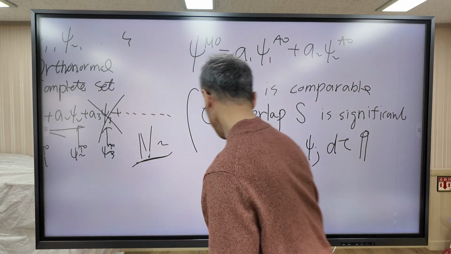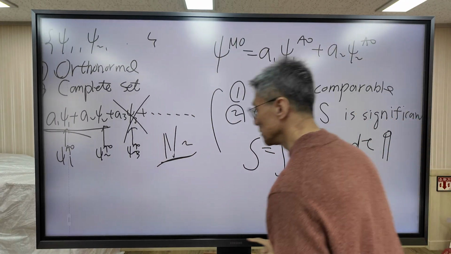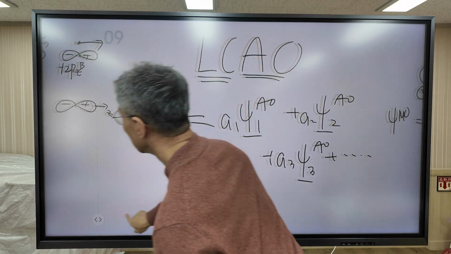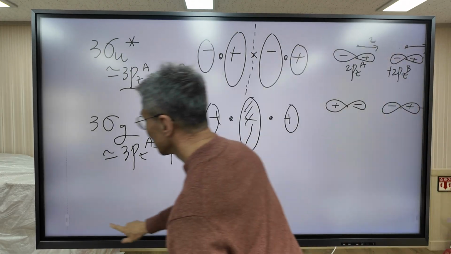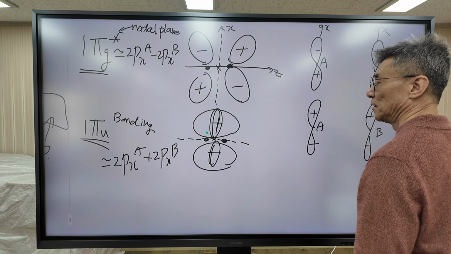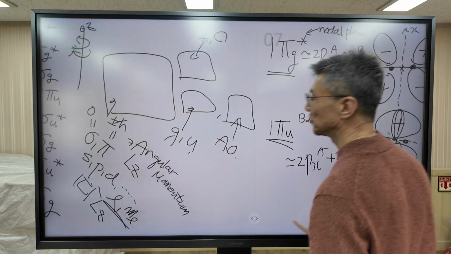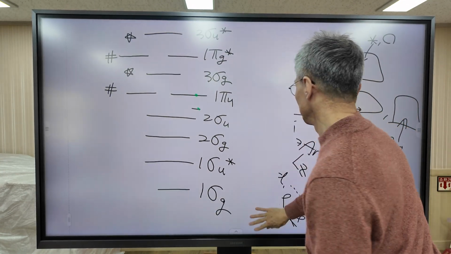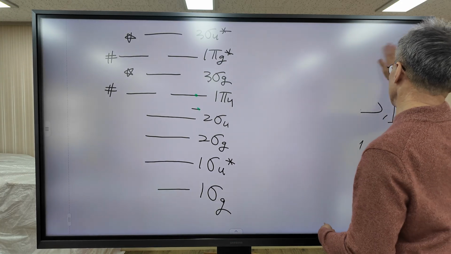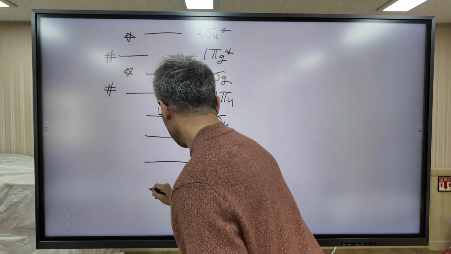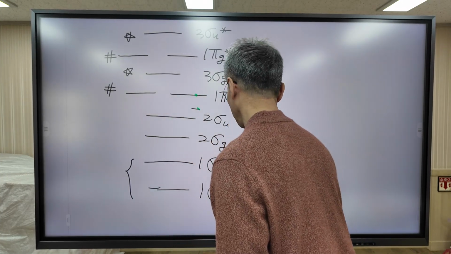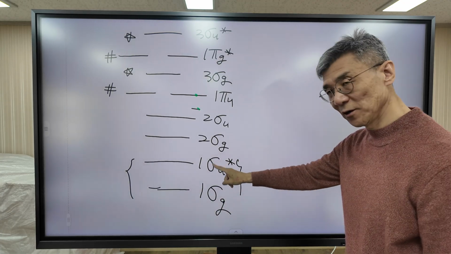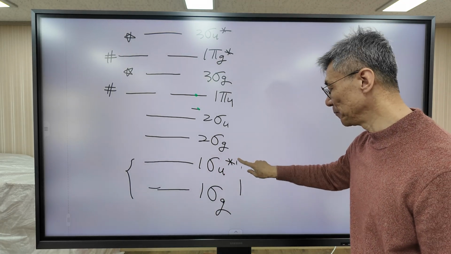And for a simple case, I'm going to construct the lowest orbitals first: these two orbitals, one sigma g orbital and one sigma star orbital.